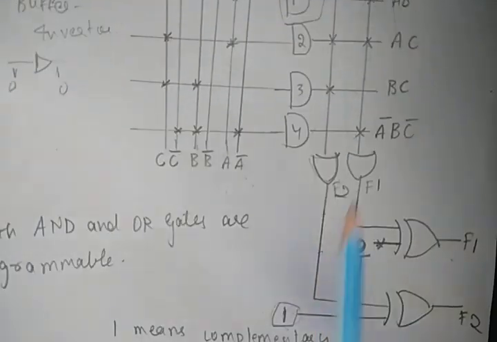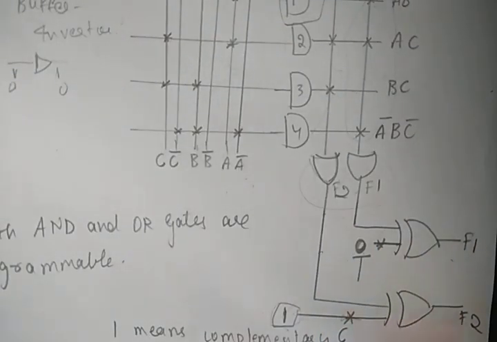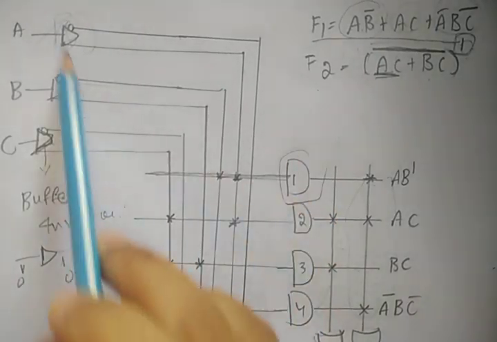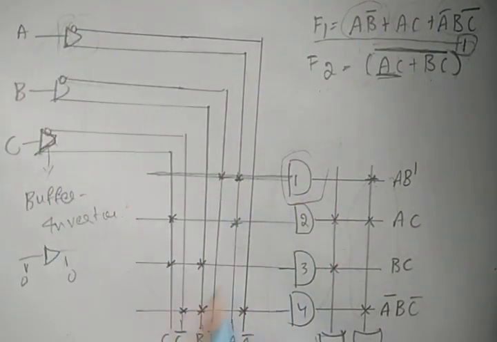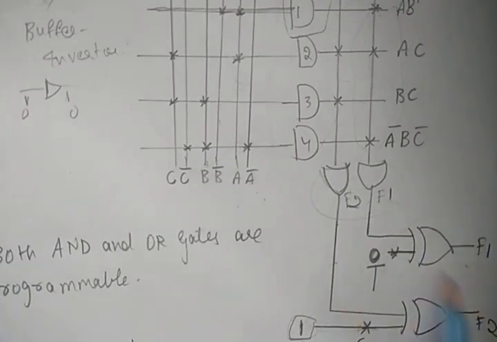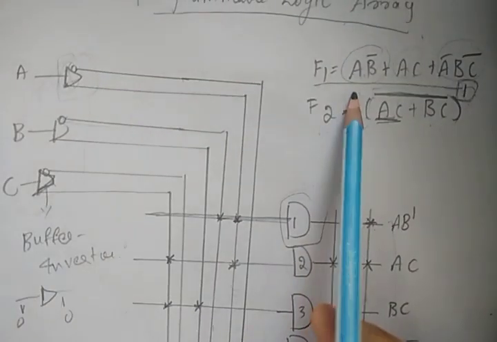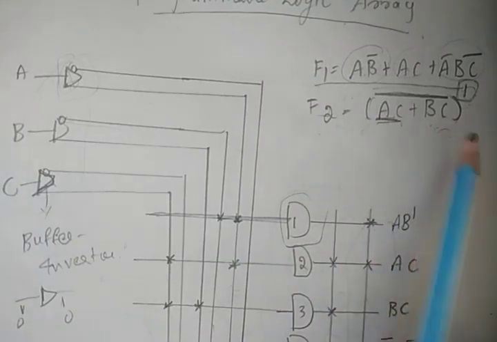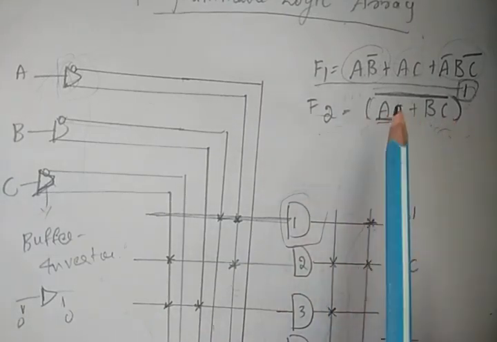Then we have 2 OR gates. Then we have XOR gates. I am going to repeat. The inputs of these AND gates are from the main inputs, and the output represents the changing output. And here we have XOR gates at the bottom to decide whether the function is complementary or without complementary. For more explanation, you can refer to the PPTs.